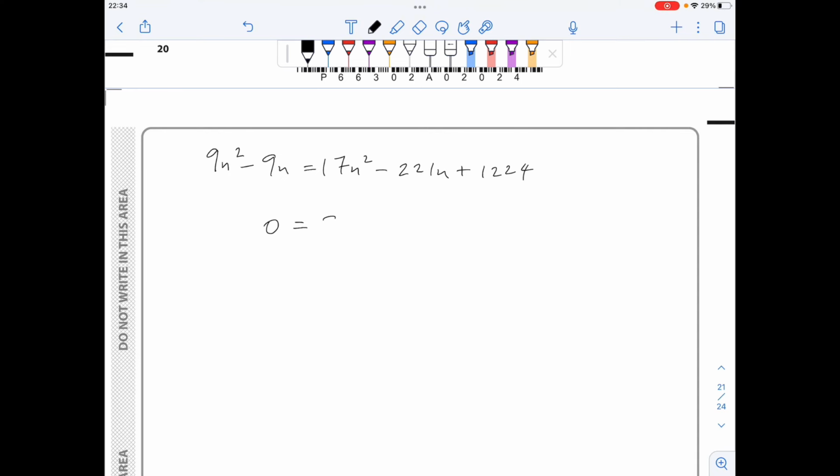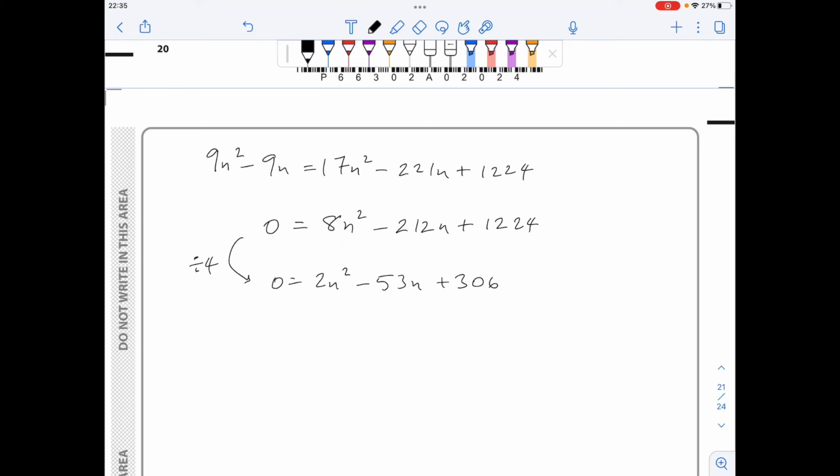Let's take everything to one side. 0 equals 8n squared minus 212n plus 1224. I'm going to divide these by 4. 0 equals 2n squared minus 53n plus 306. Now you can solve this either by factorization, completing the square, or using the quadratic formula.